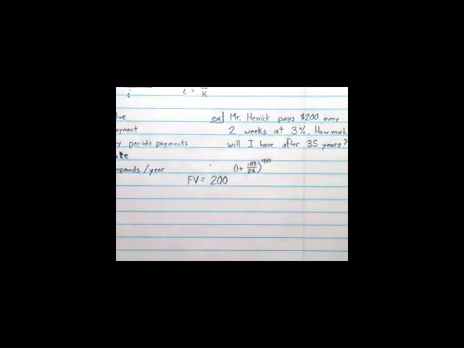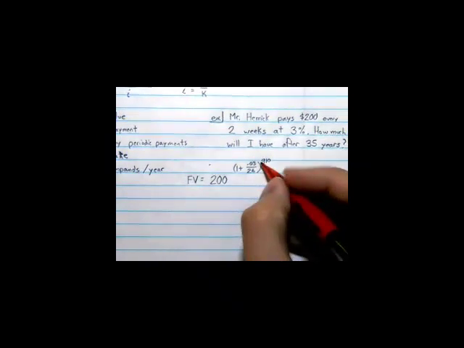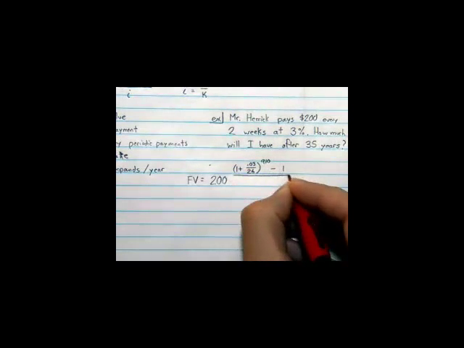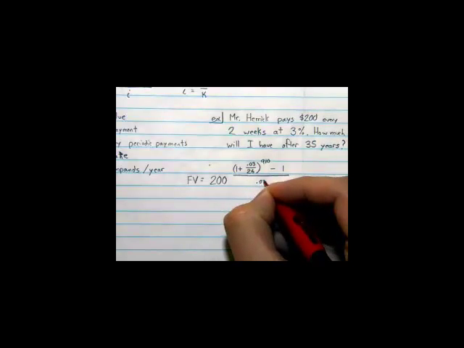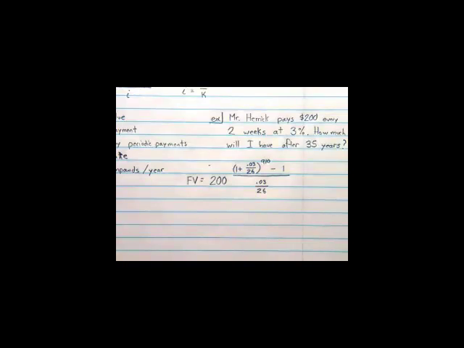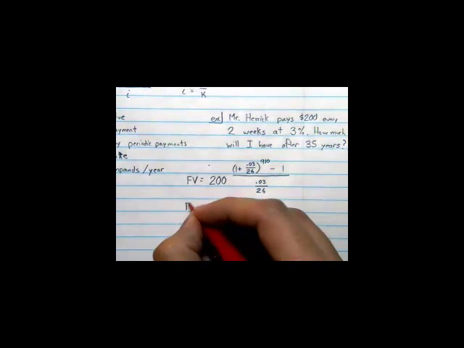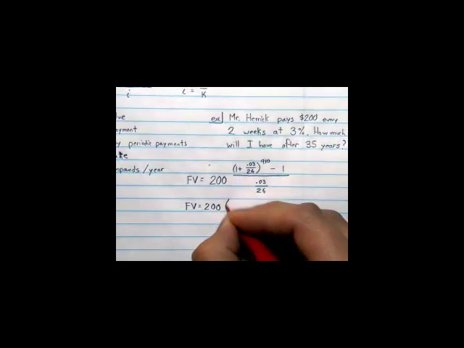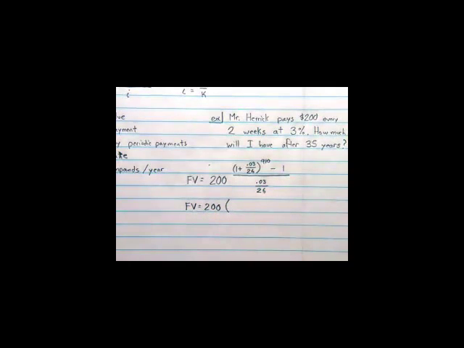Okay. Big exponents, usually with these. Minus 1, and then divide that by the same i, 0.03 over 26. All right, so let's simplify the thing up a little bit here. So 200 times 1 plus 0.03 divided by 26.